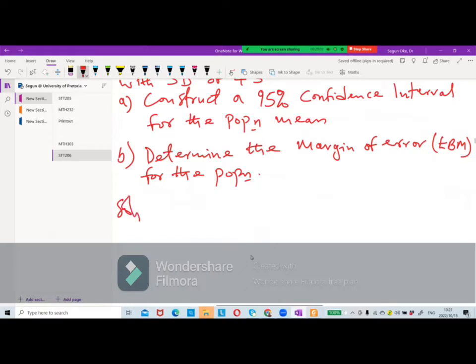Then the solution will be, now the first thing I want you to do is, how many students are we talking about here? In this case, we were given, sorry, I omitted something here.